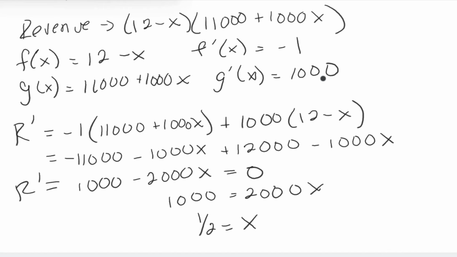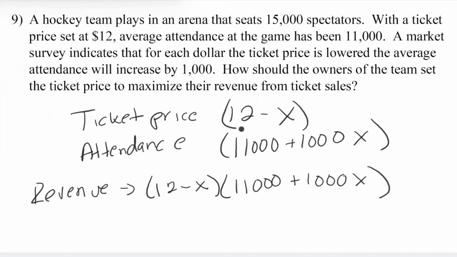So how much is my ticket price going to be? I just plug it back into my ticket price. So 12 minus a half is what? 11.50.